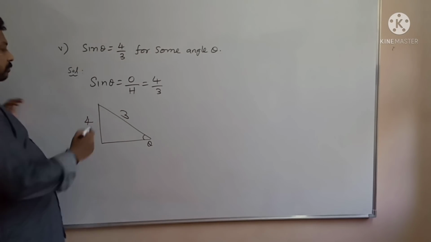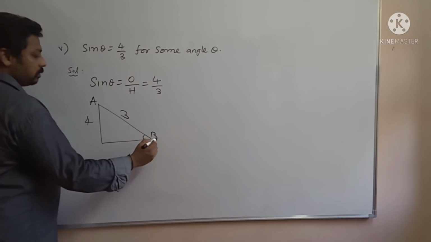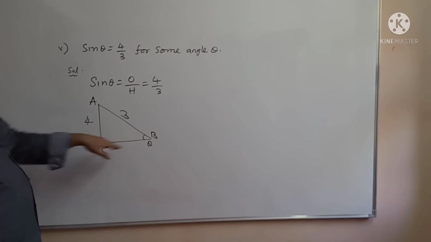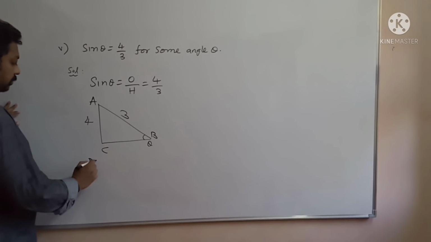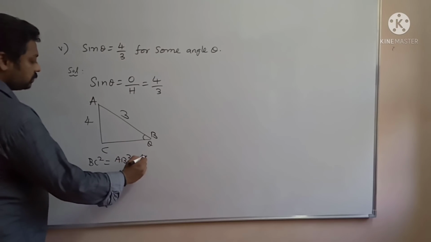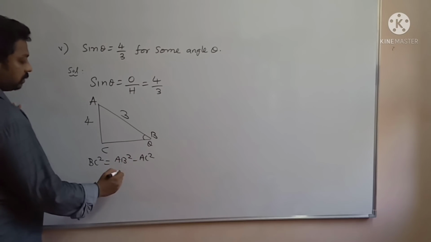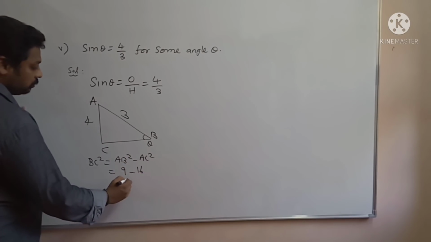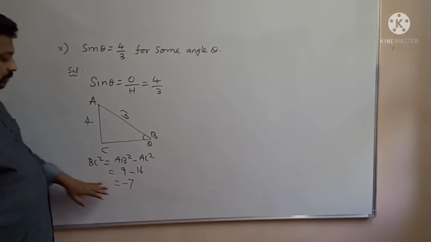We can also prove this. Let the triangle be ABC. By Pythagoras theorem, we find the value of BC. What is BC square? It is AB square minus AC square. AB square is 9 minus AC square, which is 16. That is equal to minus 7. So BC square is equal to minus 7.